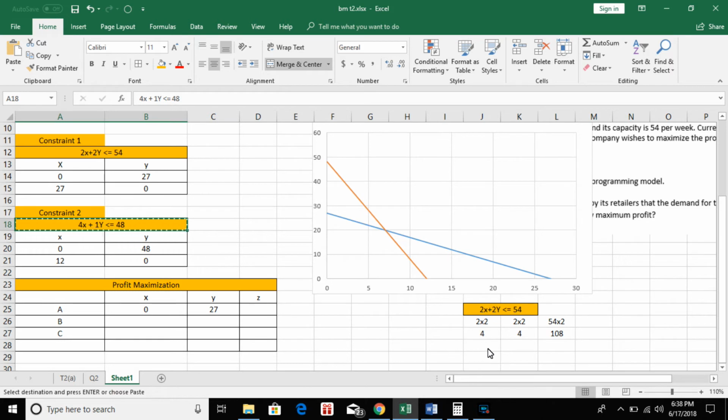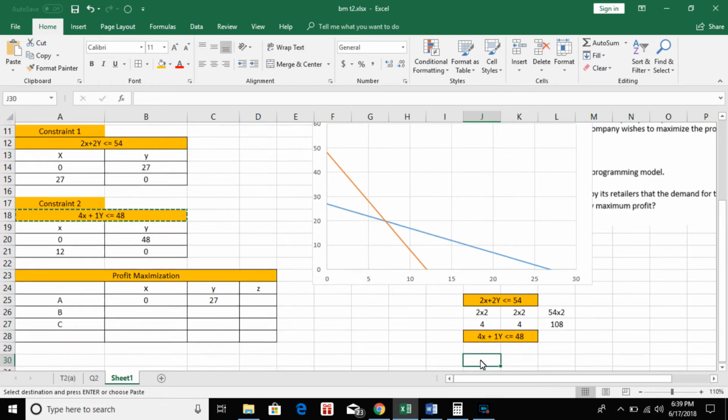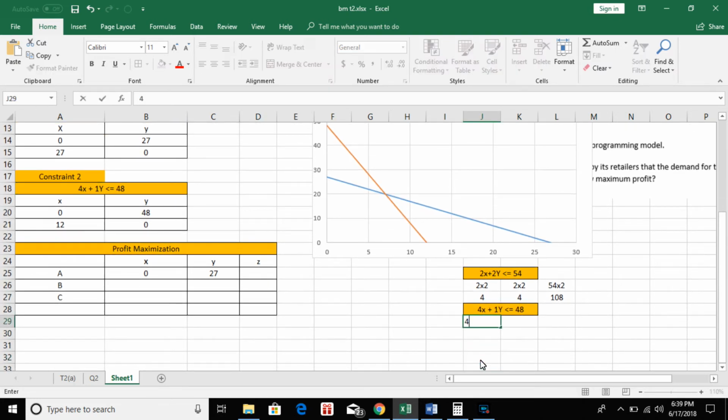See, so we have the values of this constraint: 4, 1 and 48. So 4 minus 4 is 0, 4 minus 1 is 3, and 108 minus 48 is 60.